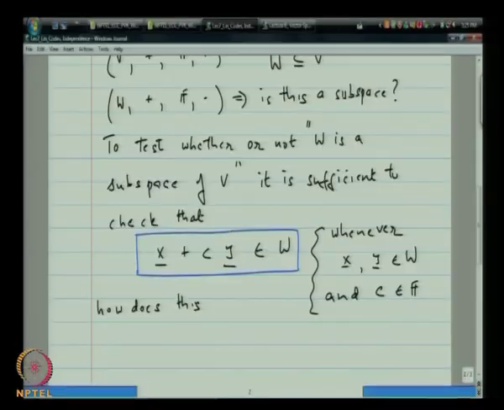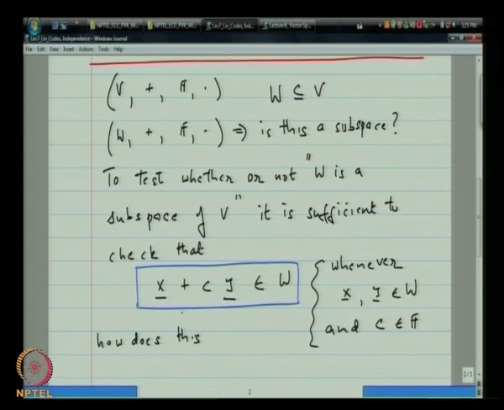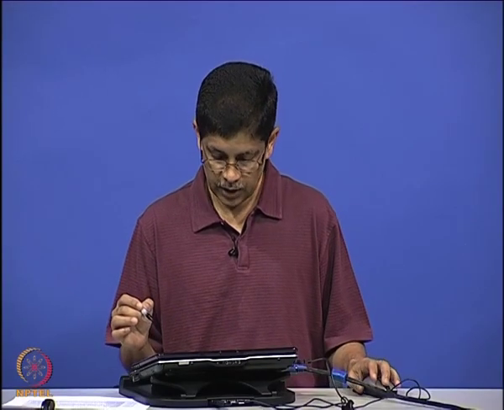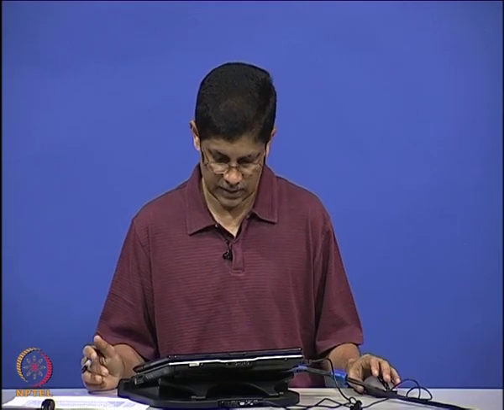So, this test that is written down over here says that whenever x and y belong to W and whenever C is a scalar that belongs to the field, if you could ensure that x plus Cy is in W, then that is a sufficient and necessary test. Let us just see why that is both necessary and sufficient.